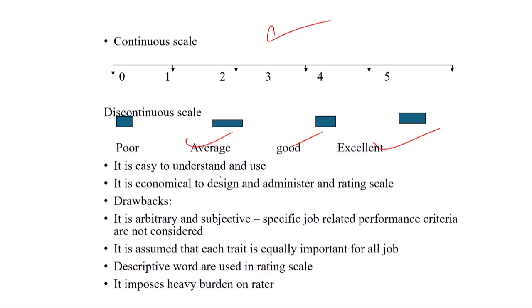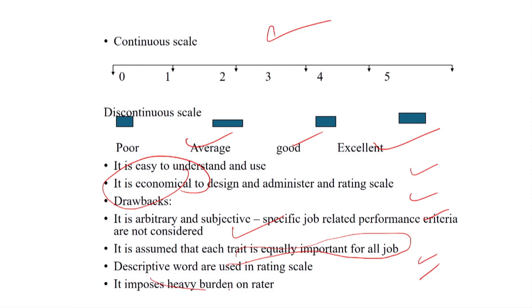So it's quite easy to understand and use, it's quite economical, nothing much has to be done. But what are the drawbacks which are associated? It's quite subjective, and each trait is treated as equally important for a job. At times it becomes very difficult to decide how many traits we are going to use and how many traits should be mentioned on that paper. Then descriptive words are used in the rating scale. It imposes a heavy burden on the rater.